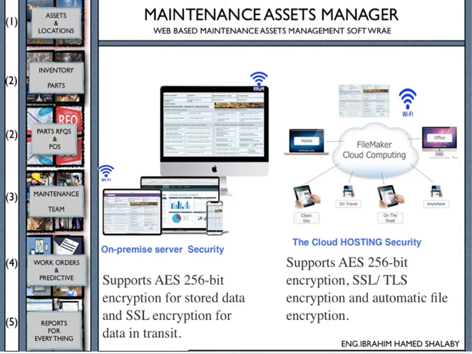Maintenance Assets Manager hosting. Security. On-premise server security supports AES-256-bit encryption for stored data and SSL encryption for data in transit. The cloud hosting security supports AES-256-bit encryption, SSL TLS encryption, and automatic file encryption.